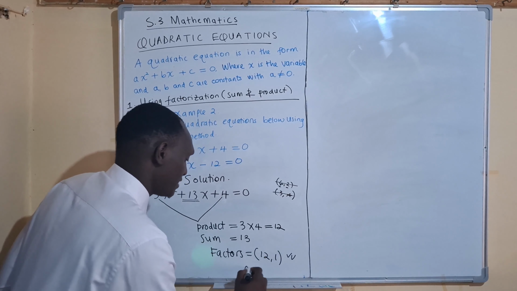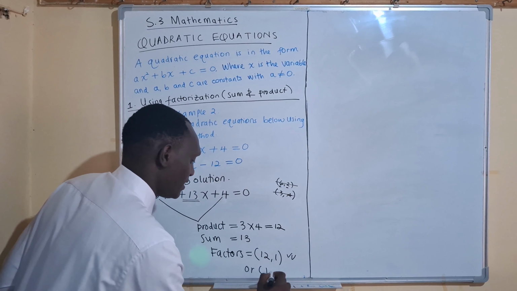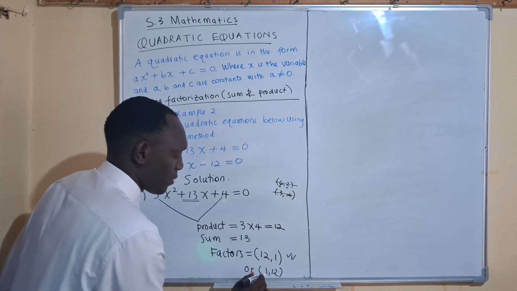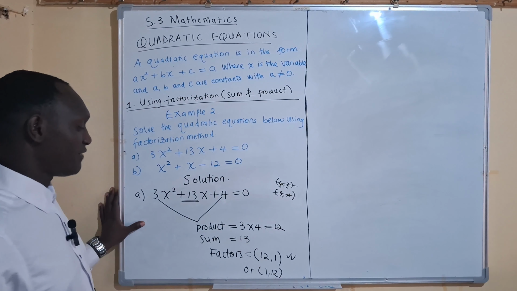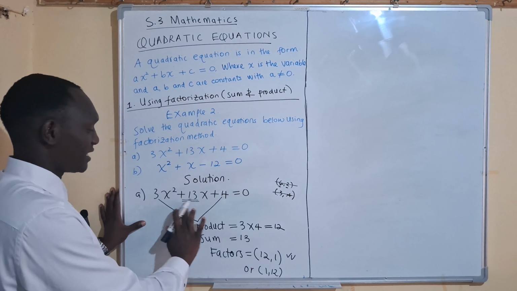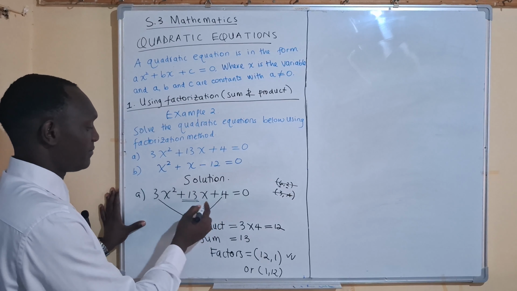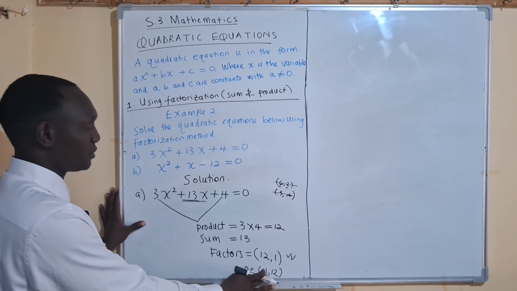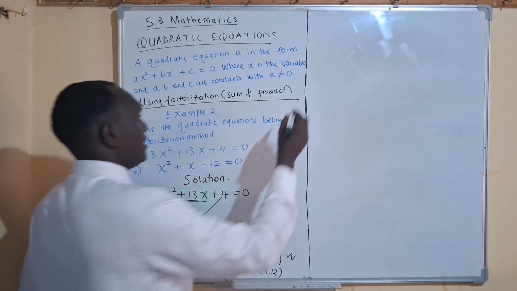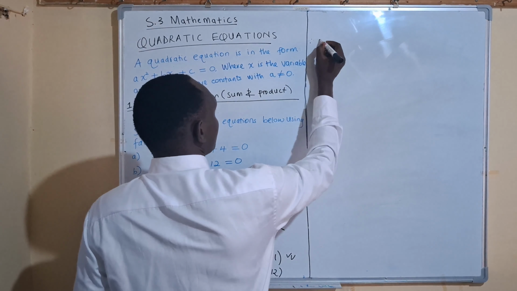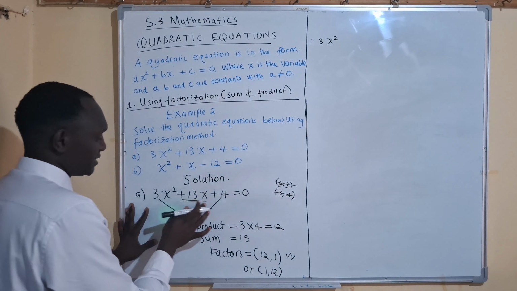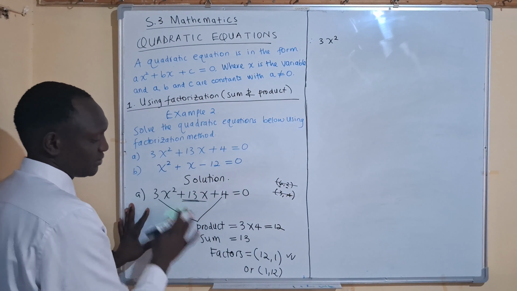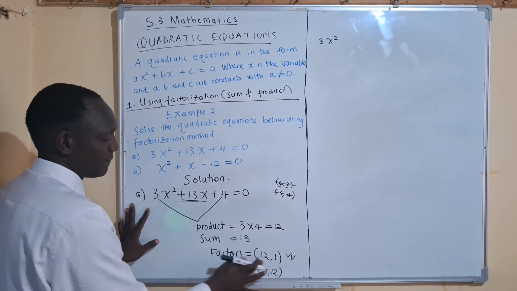As I said, the order does not matter. Somebody could have 1 and 12. 1 times 12 is 12, and 1 plus 12 is still 13. After getting the factors, you take away this term here and replace it with the factors. So we shall have 3x squared, and instead of 13x we put the factors.